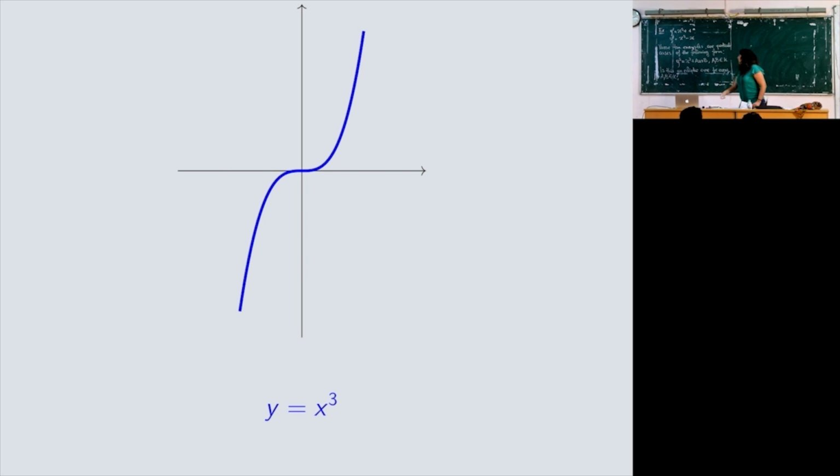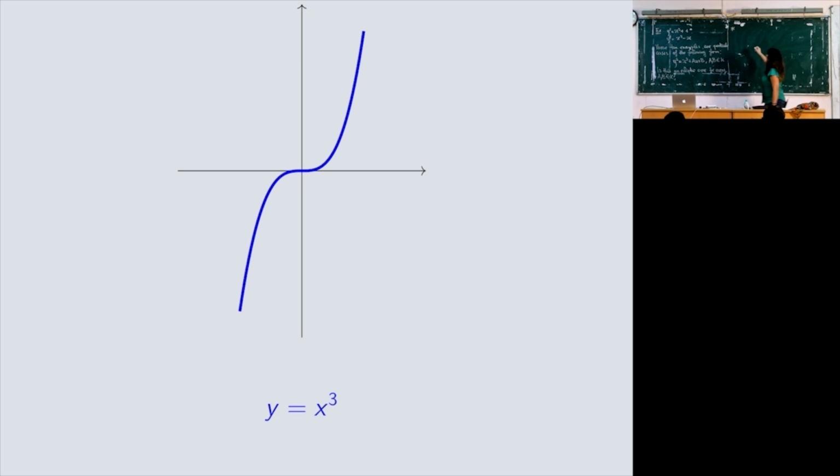So, first of all, what is the degree of this polynomial? 3. So this condition is checked. Then you have to trust me that this kind of curves are also non-singular at the infinite point.